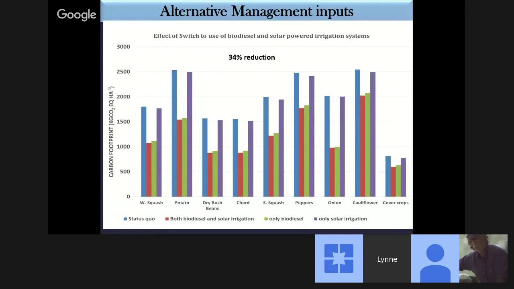So you can choose that you're using diesel versus biodiesel, electricity that is from Washington State, or electricity that's from a more average U.S.